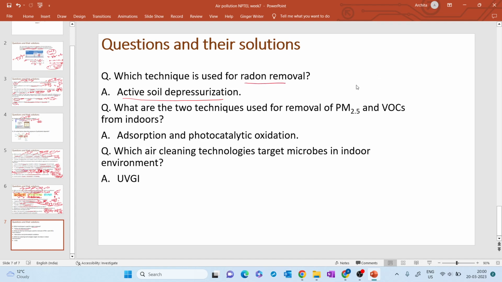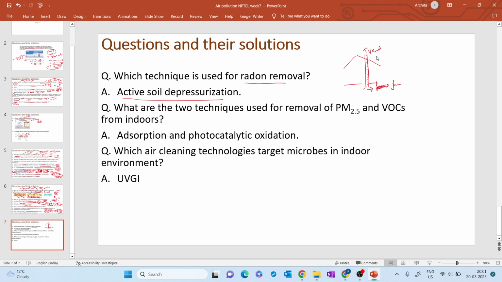In houses they have a pipe and a fan-type system at the ground, and a vent. The fan circulates the radon and transfers it through the vent.